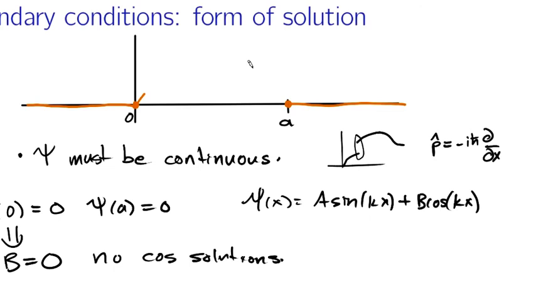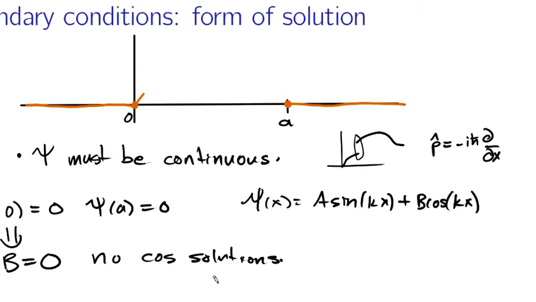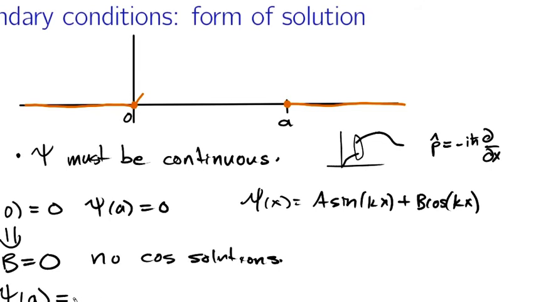That's not the whole story, though, because we also have to go through 0 when we go through a. So if I plug a into this, what I'm left with is psi of a is equal to capital A times the sine of ka.